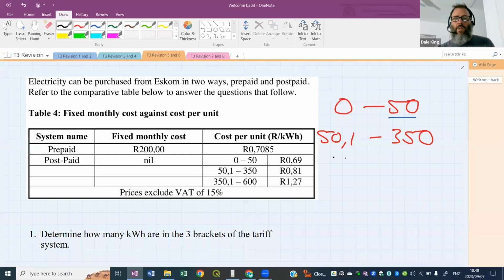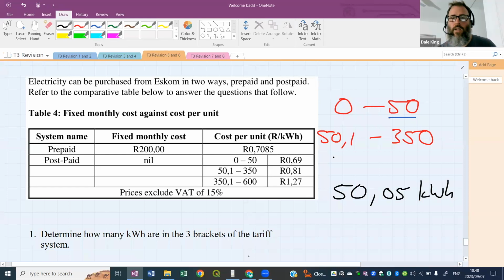That's not really what they want you to do, because what if someone has 50,05 kilowatt hours? Which bracket do they fall into? Who can tell me? If we have 50,05 kilowatt hours, which bracket are you falling into? The first bracket or the second bracket?